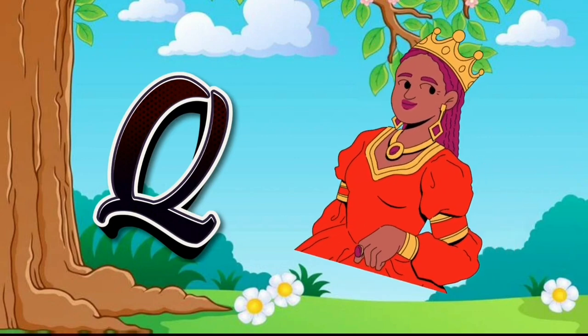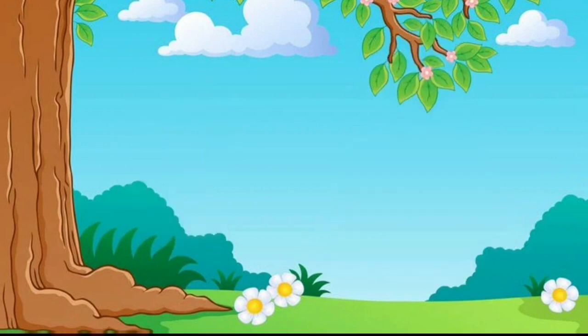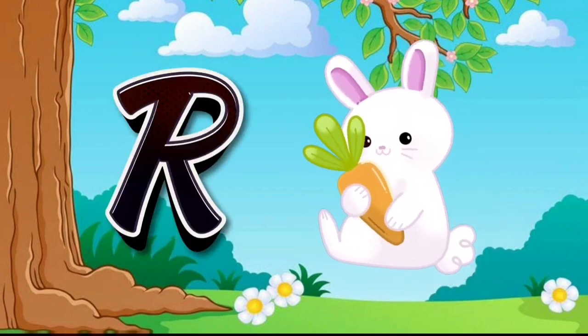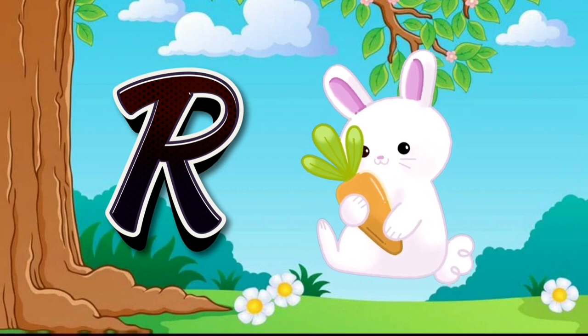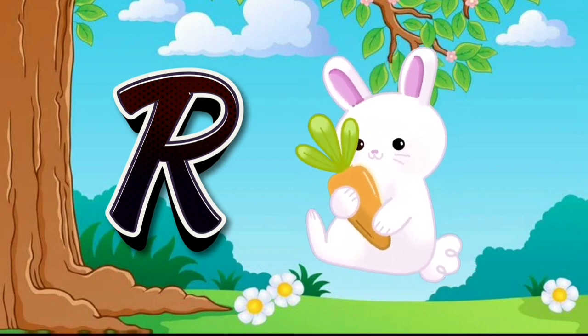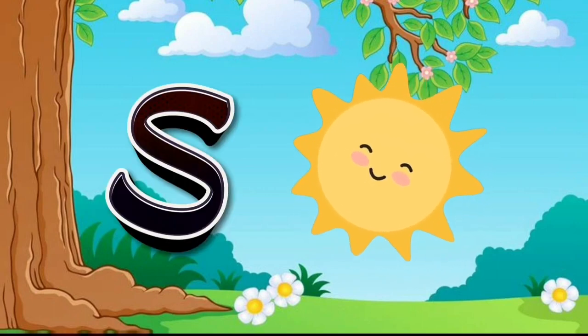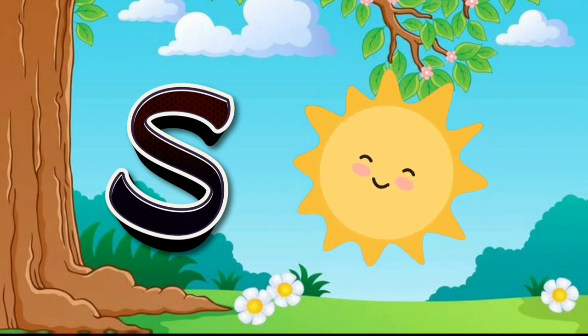Queen. Queen. Q, queen. R is for rabbit. Rabbit. Rabbit. R, rabbit. S is for sun. Sun. Sun. S, sun.